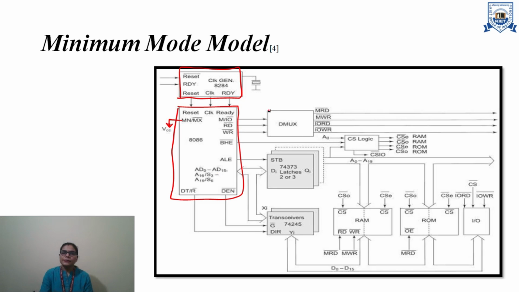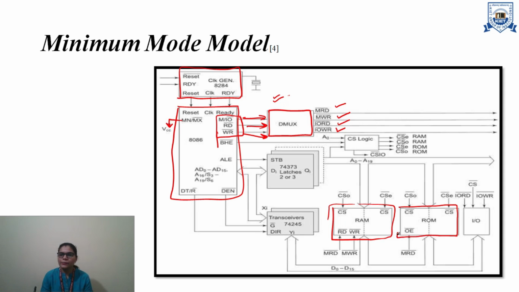And we have a demultiplexer to generate the control signals for memory and input output read and write with the help of three signals: memory input output bar, read and write. These three signals will be converted into memory read, memory write, input output read and input output write. As we discussed, the minimum mode is for memory and input output operations.